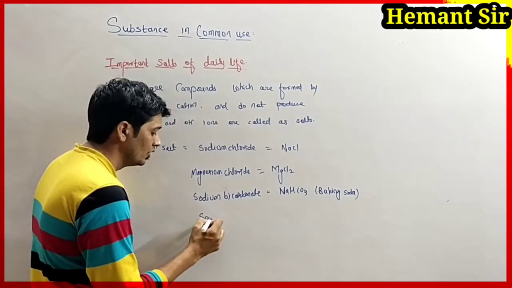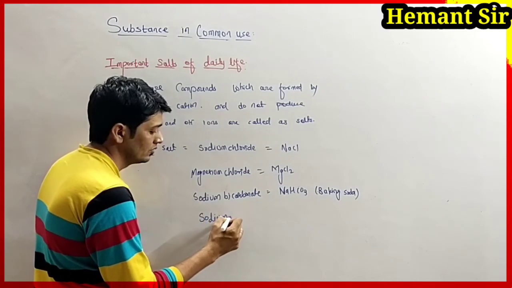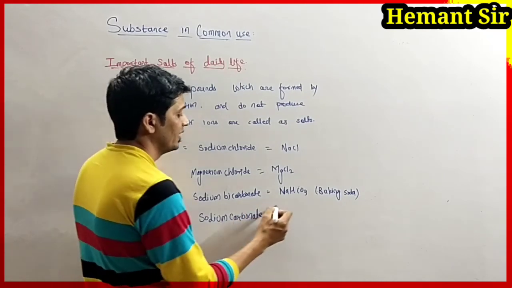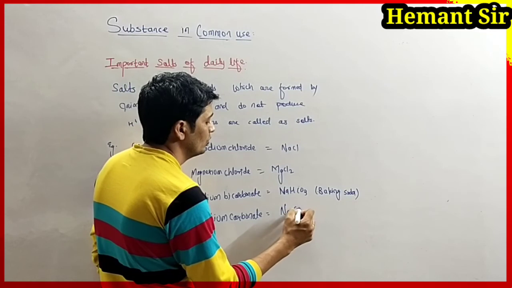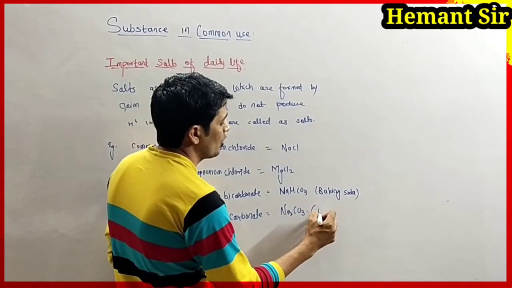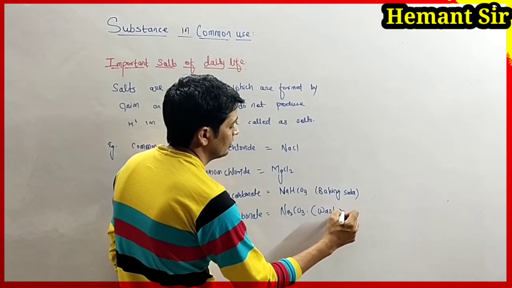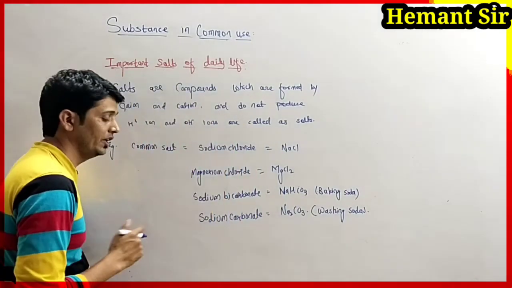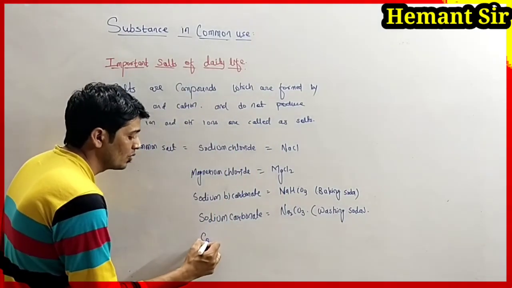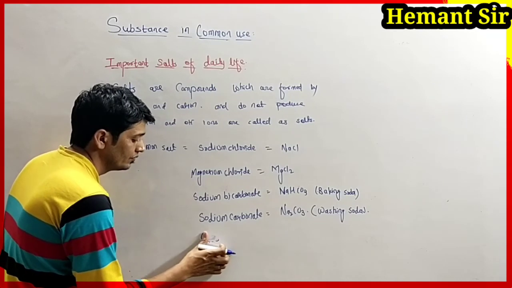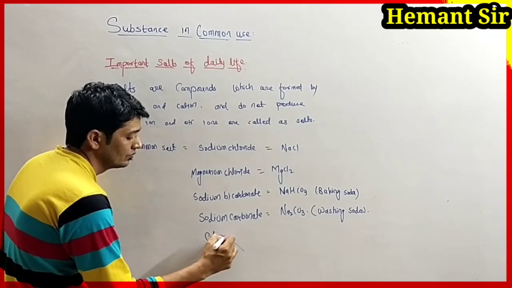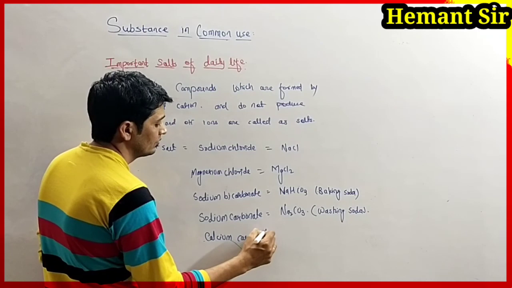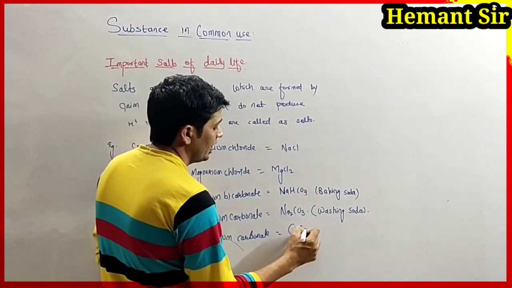Then we have sodium carbonate, and its formula is Na2CO3. It is also called washing soda. Then we have calcium carbonate, its formula is CaCO3.